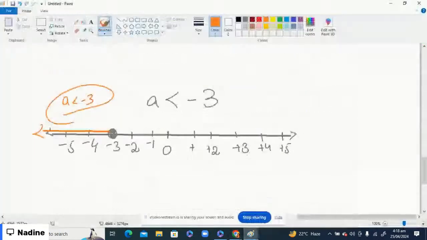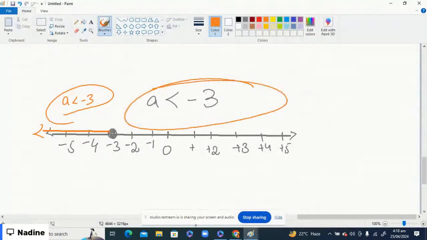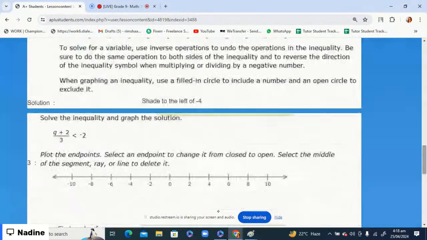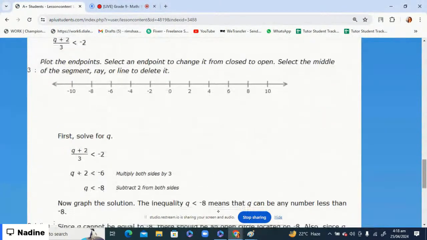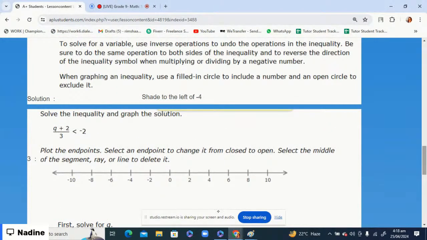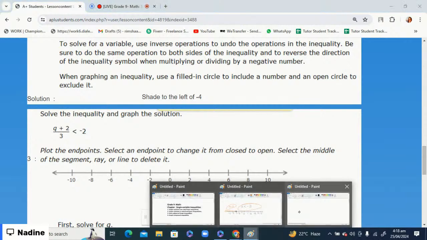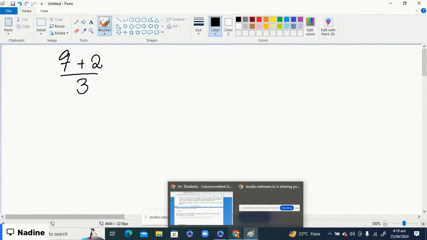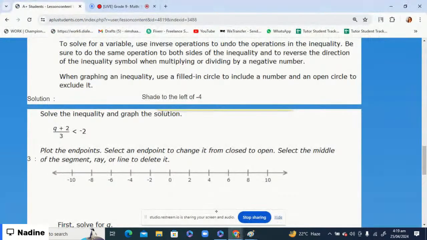I'm going to solve with this one. Let's take some examples from there and then we're going to solve them. Let's take this one: q plus 2 over 3 is less than minus 2.